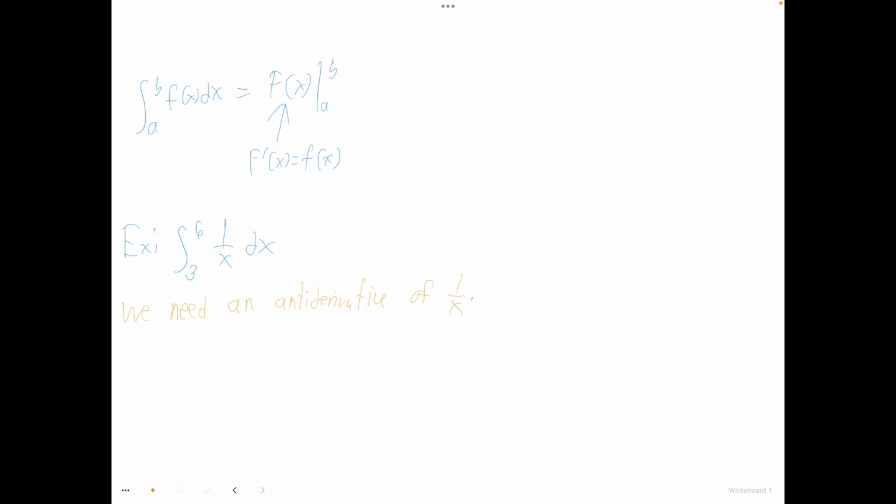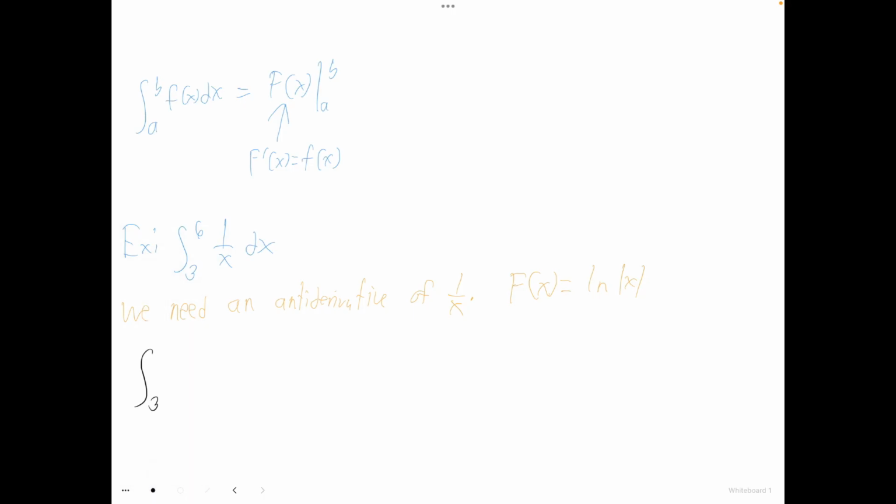So we need a function whose derivative is 1 over x. Well, a candidate for this is the natural log of the absolute value of x. Remember that we like this one better than just natural log of x because it has the same domain as 1 over x. Now, it doesn't matter here because we're going from 3 to 6, but we like the absolute value just because it has the same domain.